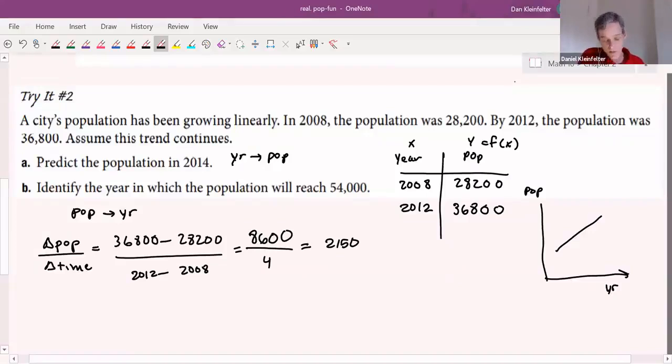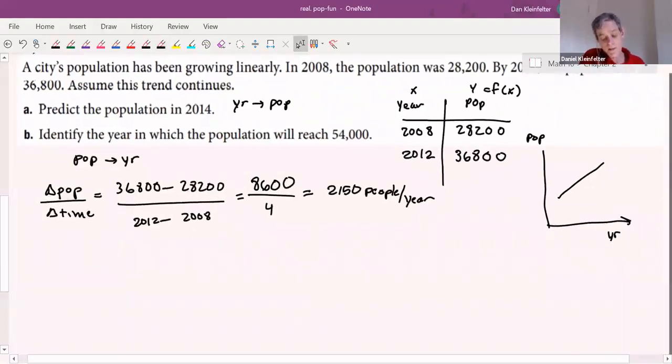All right, so I've gone through the calculations. We ended up with 8,600 over 4, which I've simplified to 2,150. And putting the units on there would be a good idea. Our population was in people, and then our time was in years. So this would be 2,150 people per year. Okay, that's our rate of change in population.